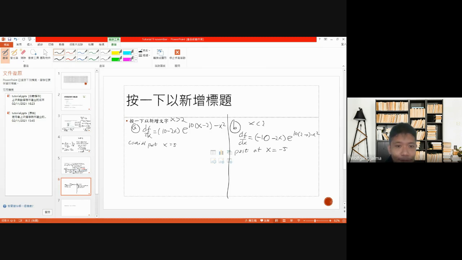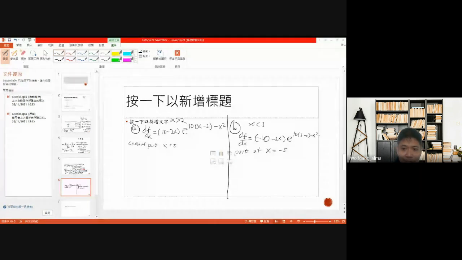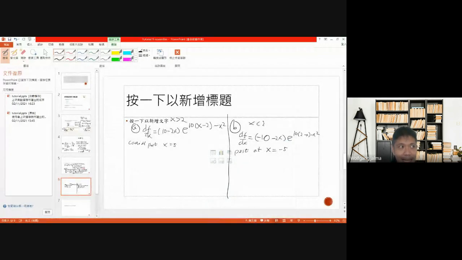Now when we check whether it has an absolute maximum, what do we usually do? Check on the number line from the left side and right side. So what we usually do is use the second derivative, right? The second derivative to check whether the function is convex or concave.